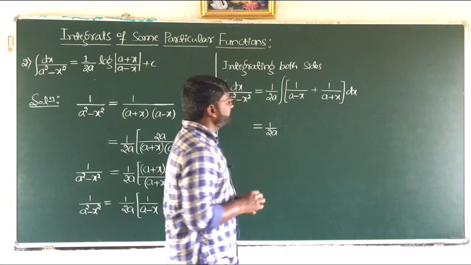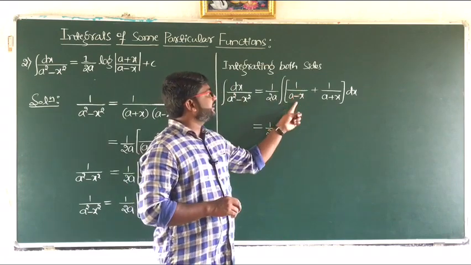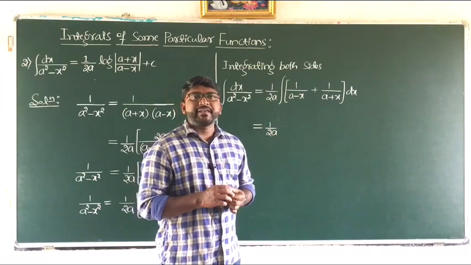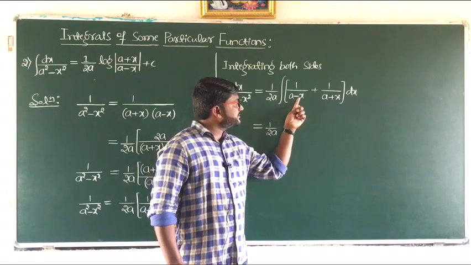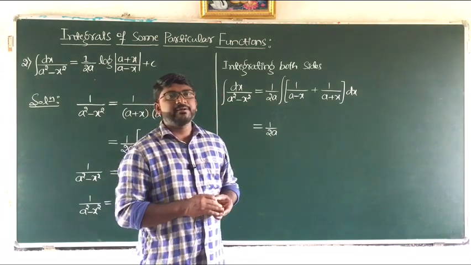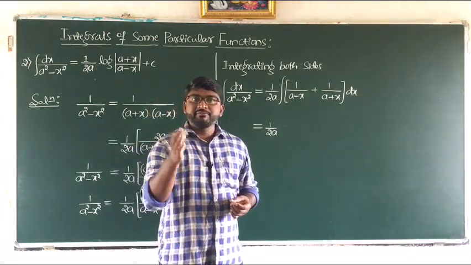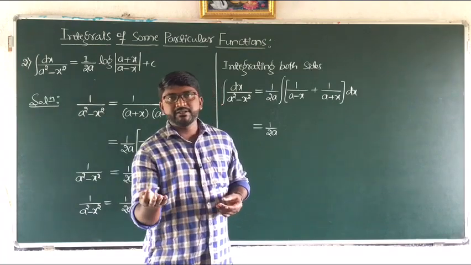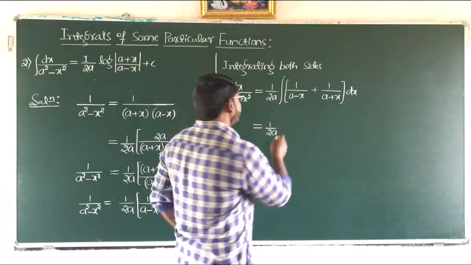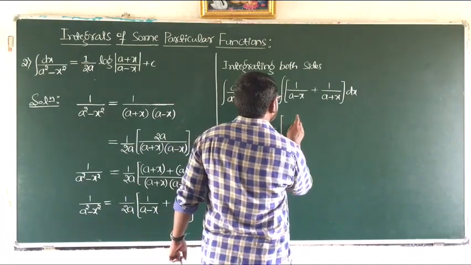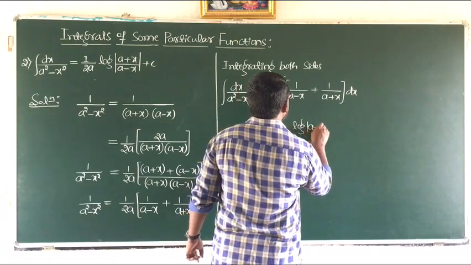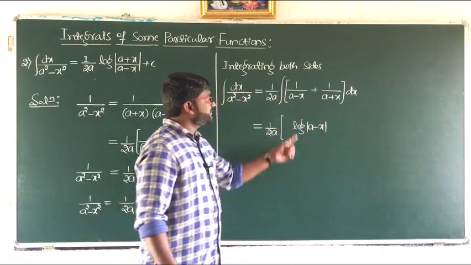Then here, integration of 1 by a minus x, again it is in the form of 1 by x. What is the coefficient of x now? Coefficient of x, it is minus 1. We have to divide by minus 1, as I told earlier. So in integration we always divide by the coefficient, and in differentiation we always multiply by the coefficient. So here this can be written as log mod a minus x, and then what is the coefficient of x now?